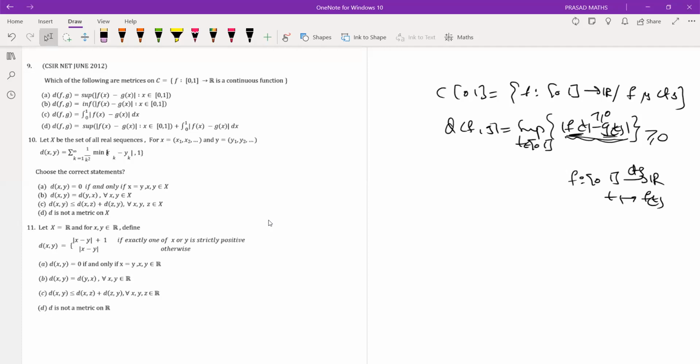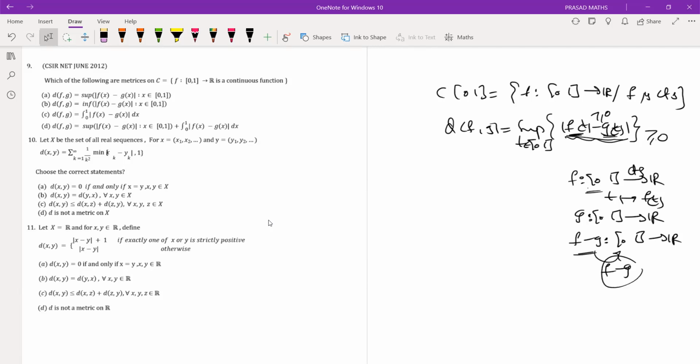Answer: yes. Is it a real number? Yes, because f is a continuous function and g is also a continuous function on the closed interval [0,1]. So f minus g is also continuous, since the difference of continuous functions is continuous. Going back to basic real analysis, f minus g is a continuous function on a compact set. Therefore f minus g attains its bounds; it is bounded.